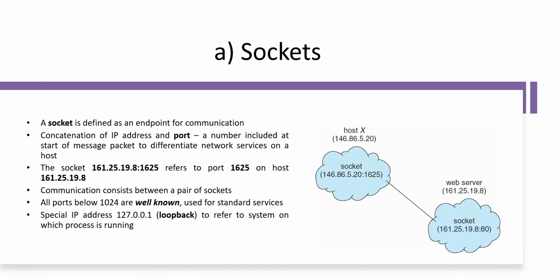So the IP address plus port number together identify a socket endpoint. The slide also mentioned that communication takes place between a pair of sockets. That means one socket belongs to one communication endpoint and another socket belongs to the other endpoint.